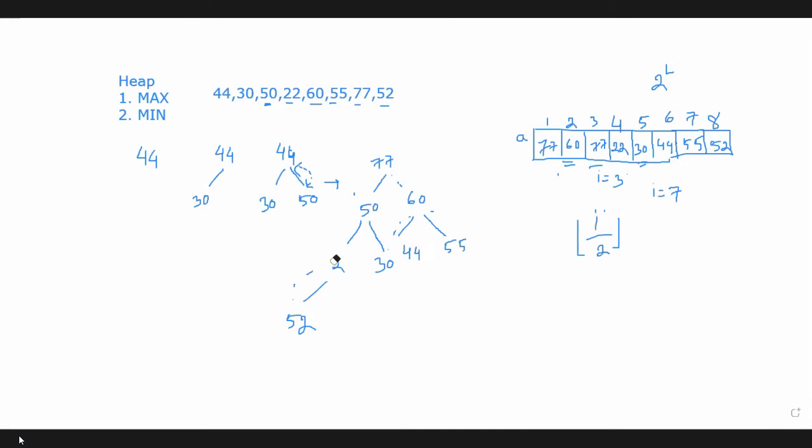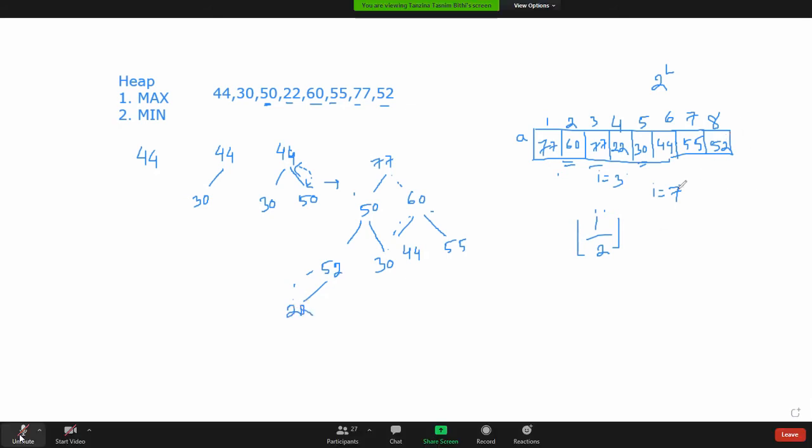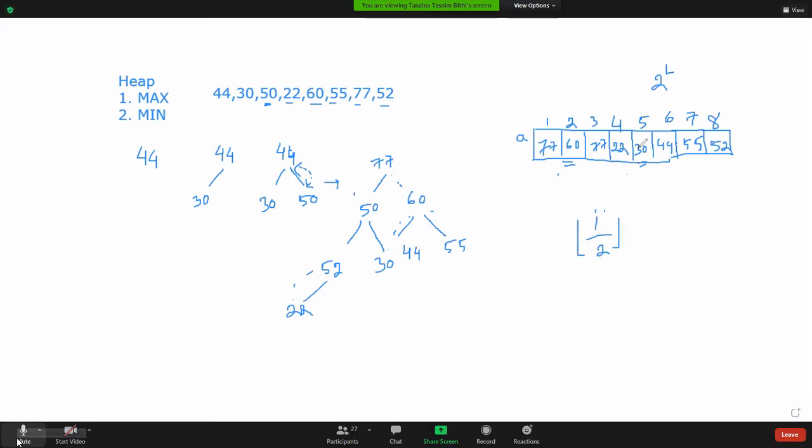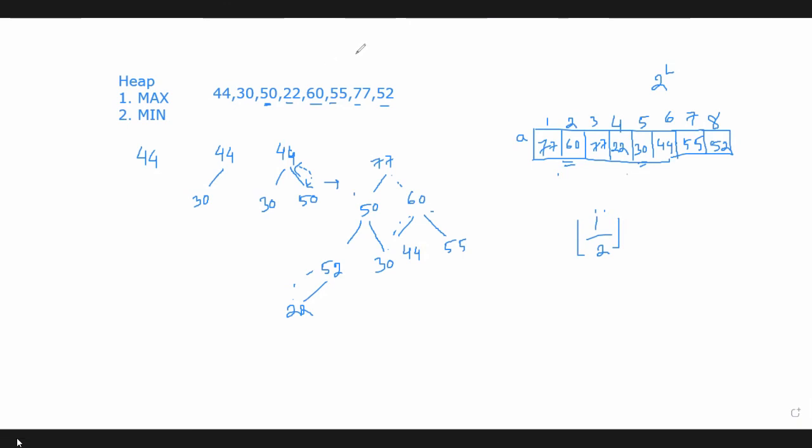So 22 is the left child of 52. So now change the array. I equals 8. The parent node of 52 is 8 divided by 2 equals 4. 22 is the parent node of 52. So 22 is less than 52. Now we can change this node.